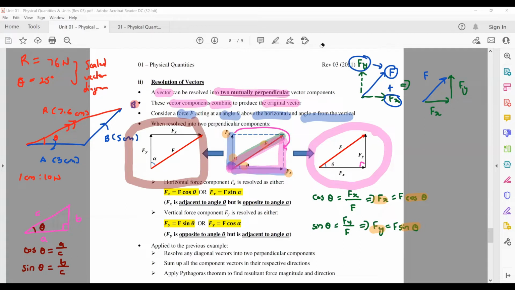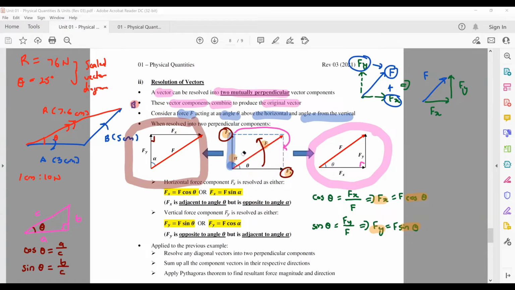It's obtained by shifting Fx to this side so that you now form another right angle triangle. Fy remains where it is, but Fx you shift to this side, so that when Fx and Fy are drawn from head to tail, you get back the original vector F. Now this time your angle is a bit different. It's no longer theta. It's actually alpha now.